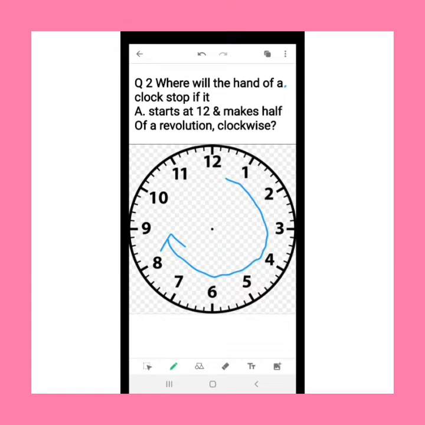Now they are saying our hand is on 12 and makes half a revolution. One complete revolution is reaching the original point again. It is saying half, which means exactly the opposite point. If I start from here and reach 6, this is the opposite point, so this will be your half revolution.